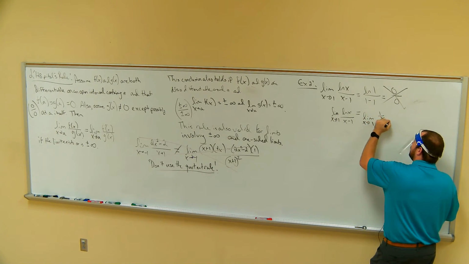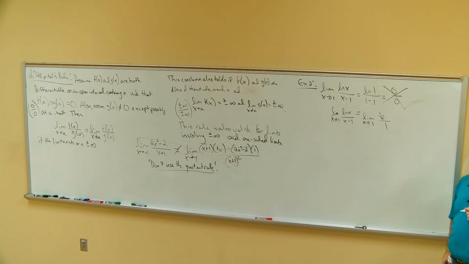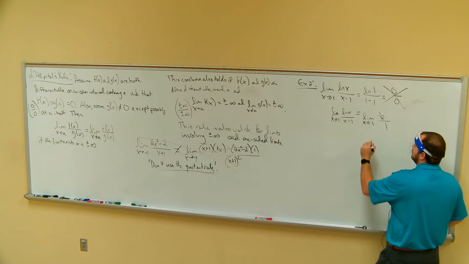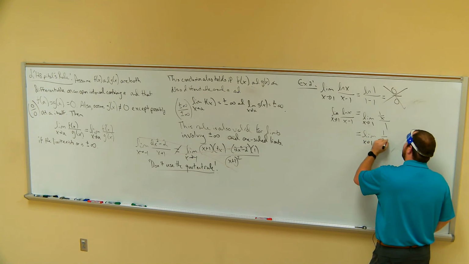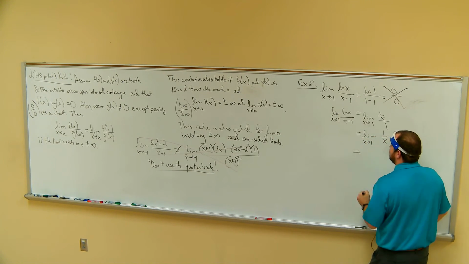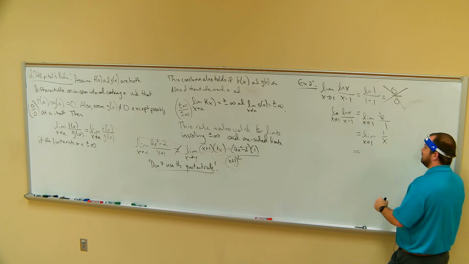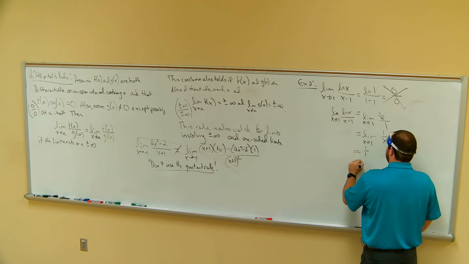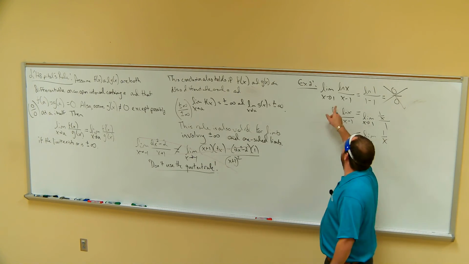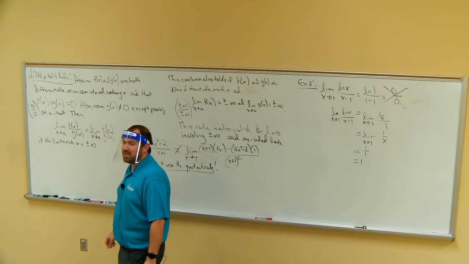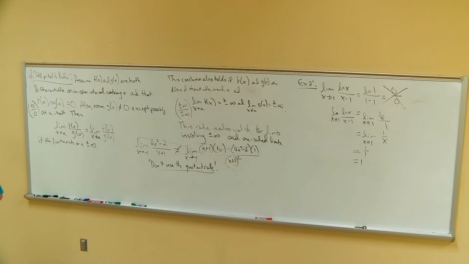Good. Make sure you keep that limit notation there. Simplify that as the limit as x approaches 1 of 1 over x. Can we direct sub now? What is it? 1 over 1. It's just 1. So the limit as x approaches 1 of natural log x over x minus 1 is 1. Questions?